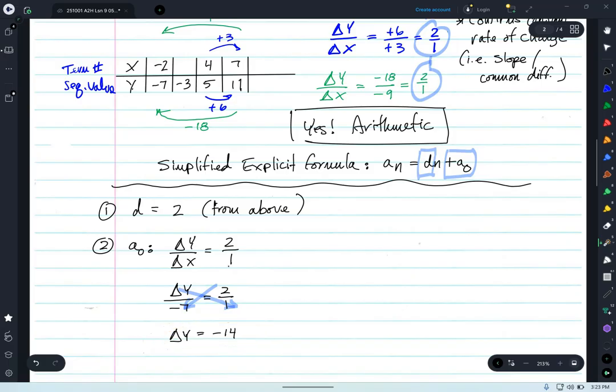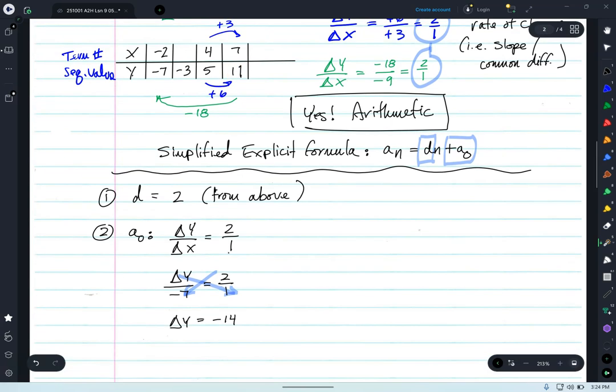So what I'm saying here, when I come up with this change in y value of negative 14, that means that if I went from here down to the 0th term by taking 7 steps down that way, then I'd need to start here and take 14 steps down to get to the sequence value of the 0th term. And so in this case, I can say that my a sub 0 is equal to 11 take away 14. My sequence value of 11, I need to take 14 steps down to get to my a sub 0.